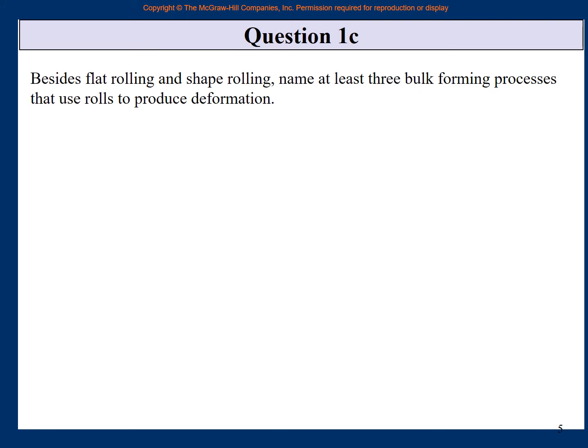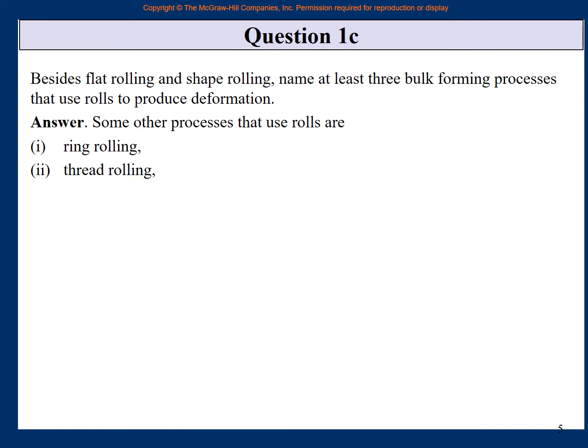And so just name some of the others which belong to the rolling category. So some other processes that use rolls are ring rolling, thread rolling, gear rolling, roll piercing, roll forging, right?